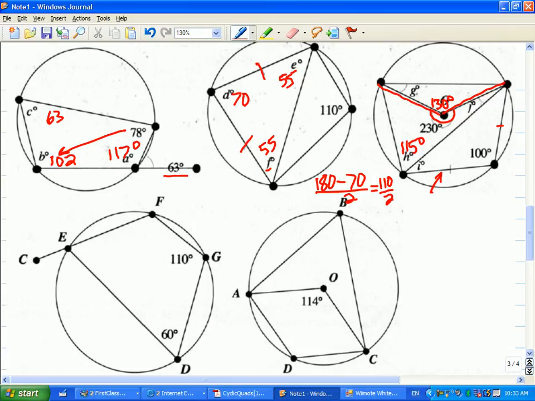It's H, so it should be 60. Oh, I've done it again, haven't I? Okay. Yes, so now that I know this is 130, this one's going to be 65. And if there's 130 degrees, that means there's 50 degrees left in the triangle. So that means I'm going to have 25 degrees here and 25 degrees there.